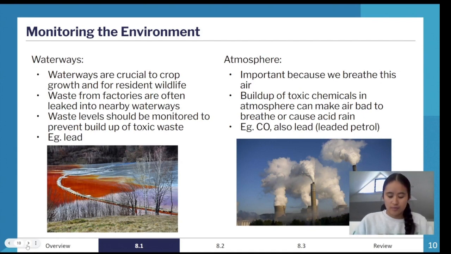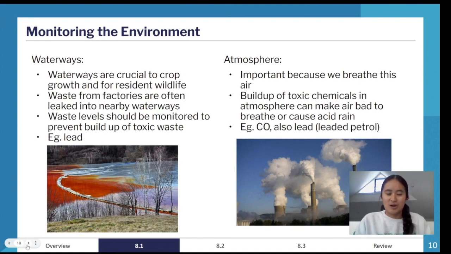So lead from leaded petrol, burning of leaded petrol can send lead particles into the atmosphere. And when that happens, if there's a buildup of lead in the atmosphere, we could get lead poisoning from just breathing, and we don't want that to happen. Lead poisoning is not fun for anyone, so that's why we need to monitor the environment.